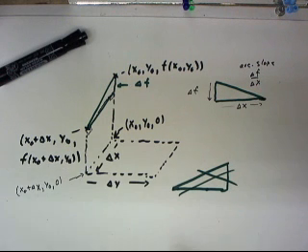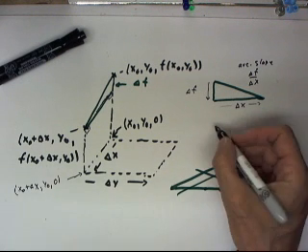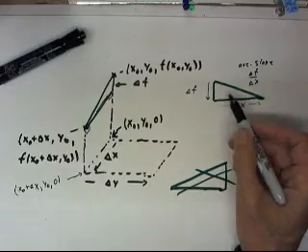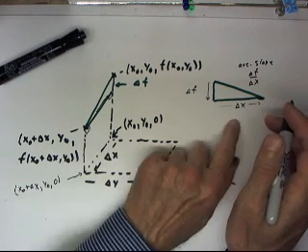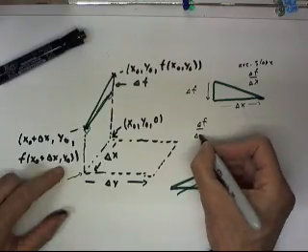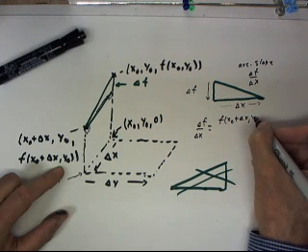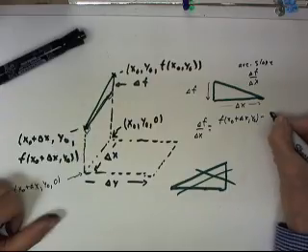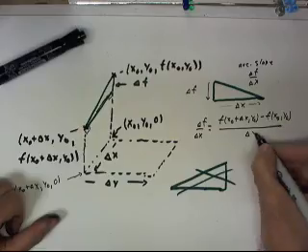And all the ideas we used in establishing that the limiting value of delta f over delta x as delta x approaches 0 is an instantaneous derivative are going to apply here as well. So I'm not going to go through all of that again. I'm just going to say that delta f over delta x equals f of x naught plus delta x, y naught, this value, minus f of x naught, y naught, this value, divided by delta x.